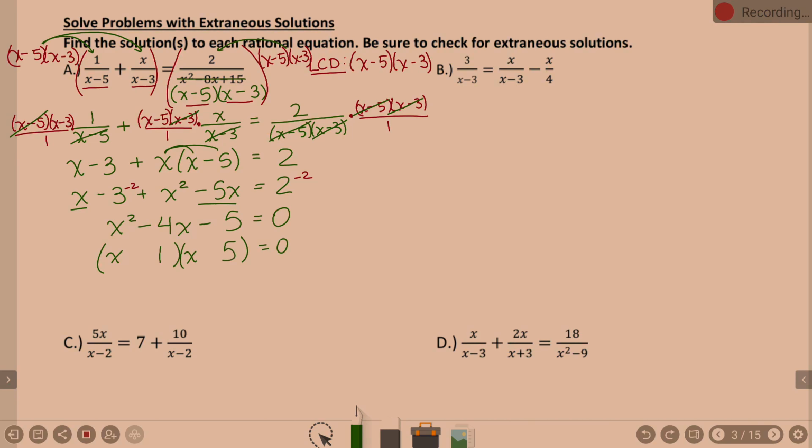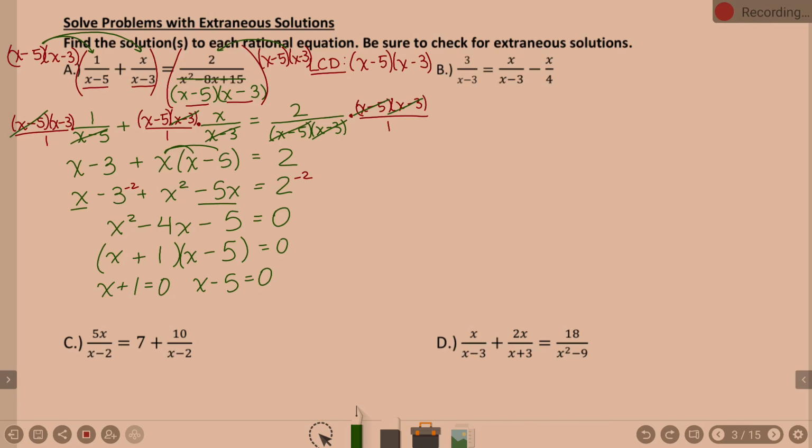I wrote 1 and 5, but she's telling me negative 5, positive 1. That would multiply to be negative 5 and add to be negative 4. Am I done? Nope. Now what? Set each factor equal to 0. So x plus 1 equals 0, x minus 5 equals 0.